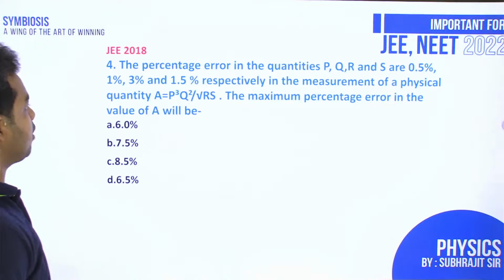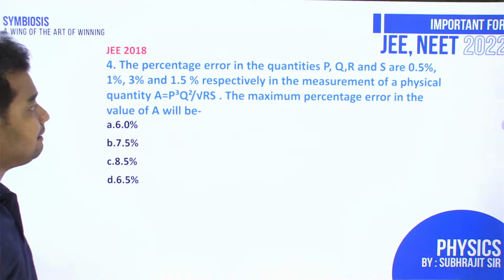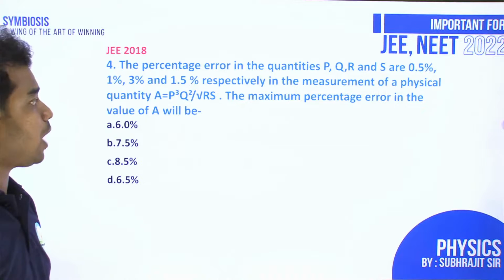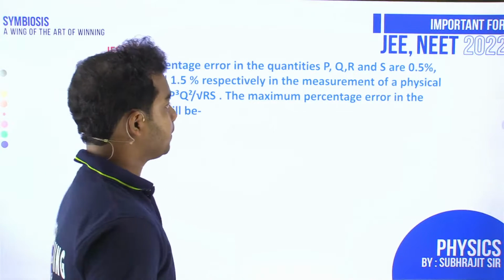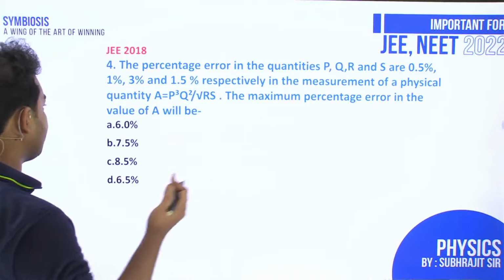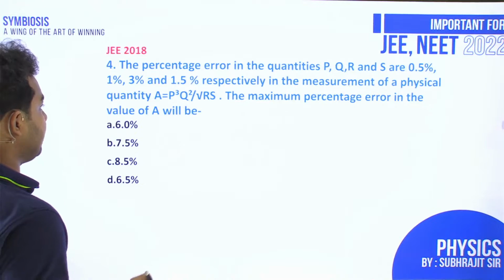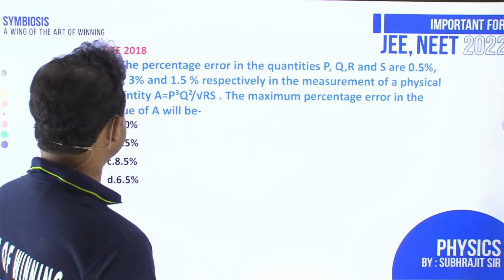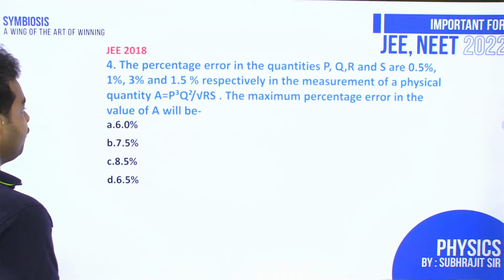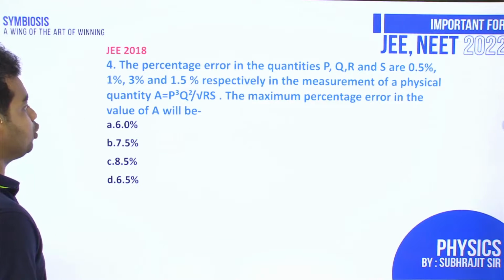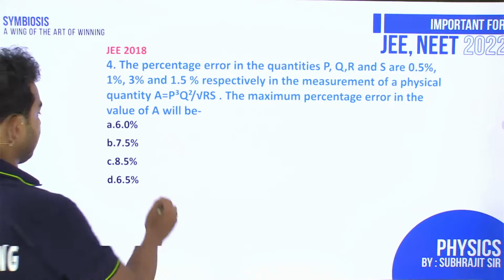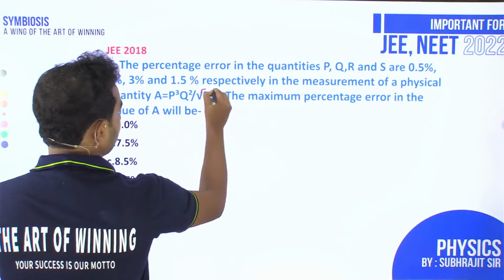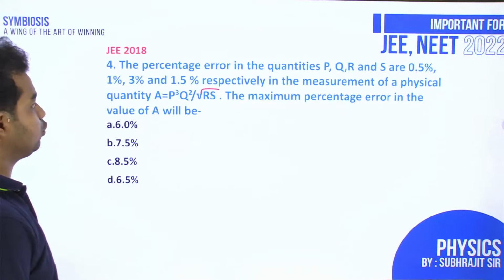Question number 4: the percentage errors in the quantities P, Q, R and S are 0.5%, 1%, 3% and 1.5% respectively in the measurement of a physical quantity A equals P cube Q square divided by root over RS, where root over is the whole root over RS.